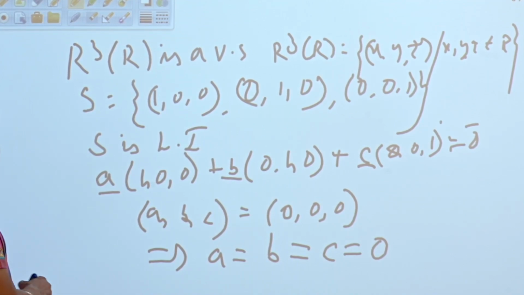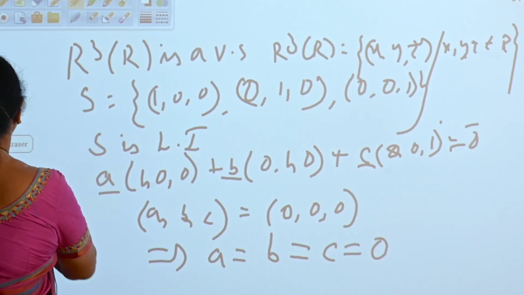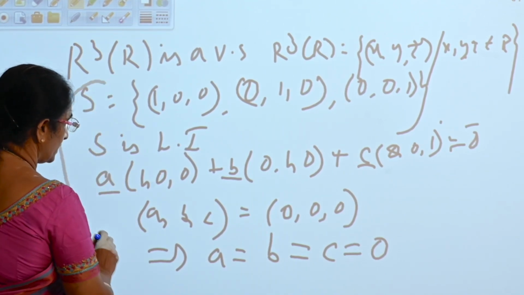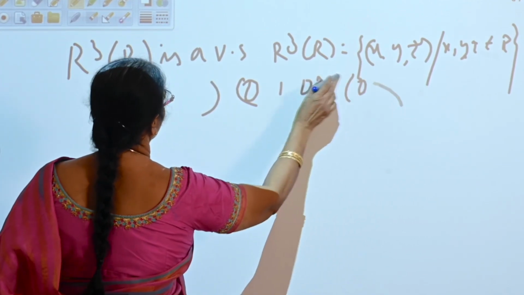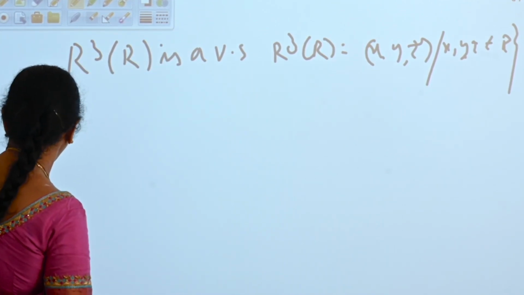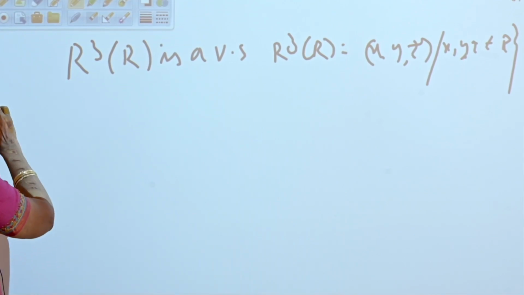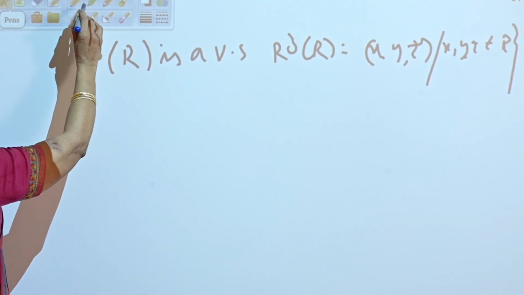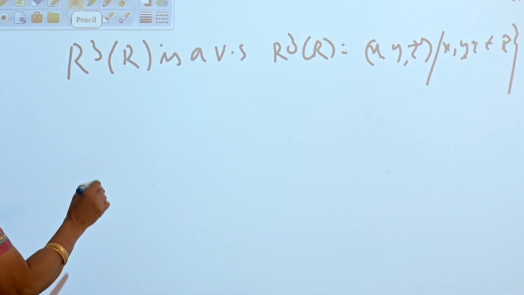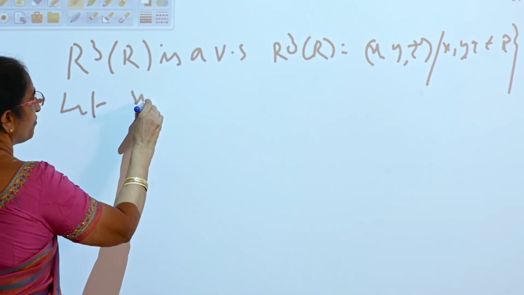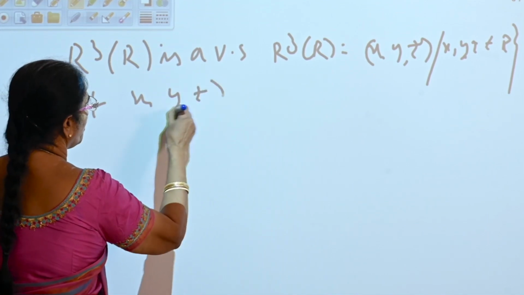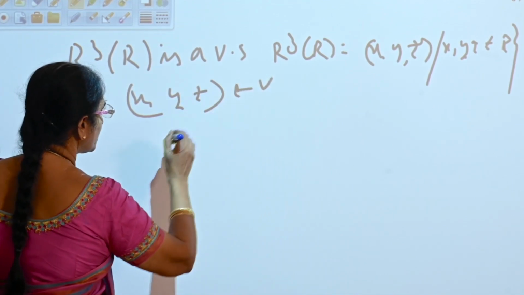Next, we will see whether L of S is V or not. In order to see that L of S is V, you have to take one element in V, that is, let (x, y, z) belong to V. What is S?